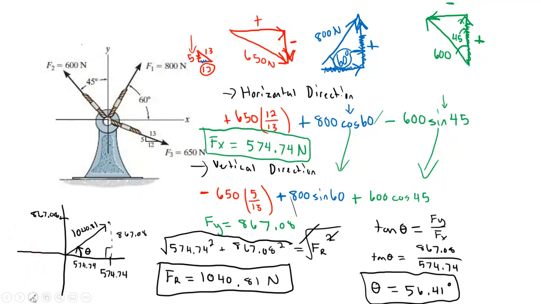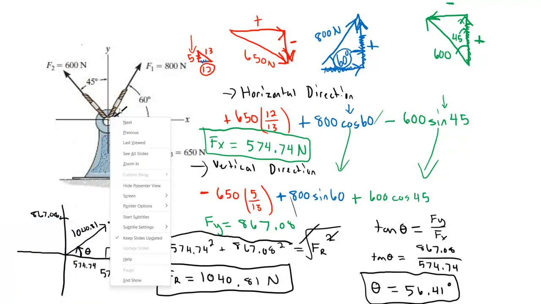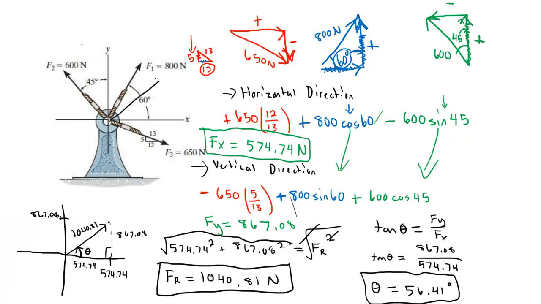So what we learned from the direction is that in reality, this hook is getting really pulled in this direction at a total of 1040.81 and a direction of 56.41.